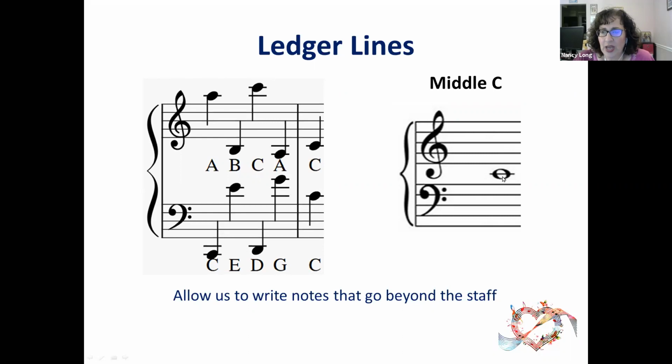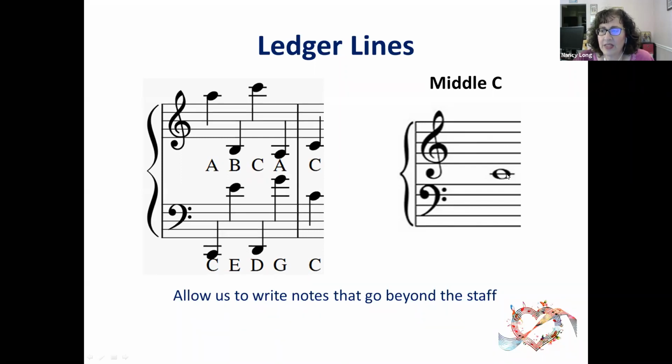There is a special ledger line that is in the middle of the 2 staves. So in this particular grand staff on your right, it's middle C, and it's the line that exists exactly halfway between the G clef and the F clef.